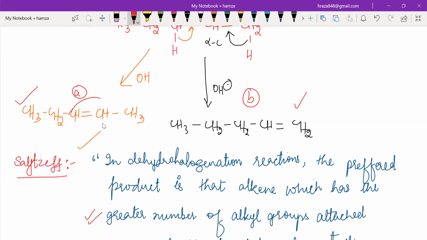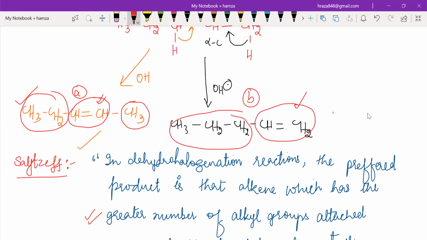You can see this is the alkene part, the double bond, and on this double bond there are two alkyl groups, this and this. And if you look at the other one, it has only one alkyl group. So this will be the minor product and this will be the major product. Is that clear, everyone? Yes, sir.